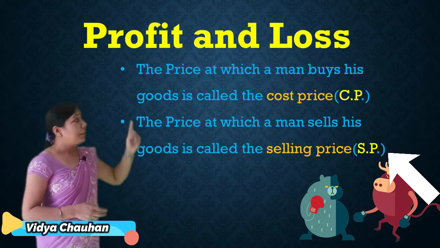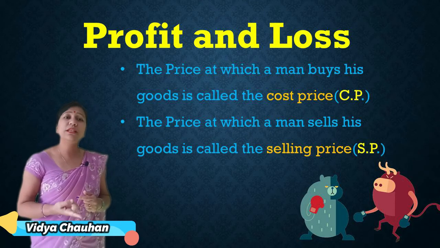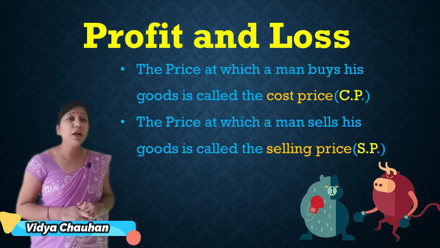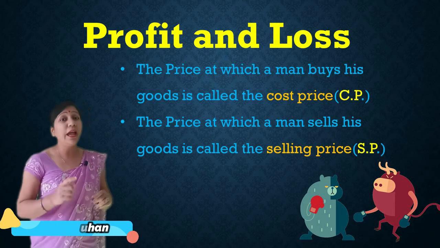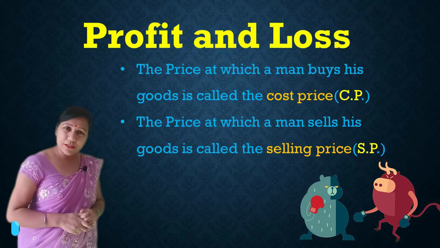Second, the price at which goods are sold by the person is called the selling price of the good, denoted by SP, capital S, capital P. Clear, students?